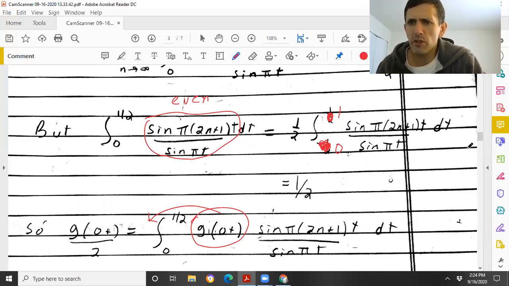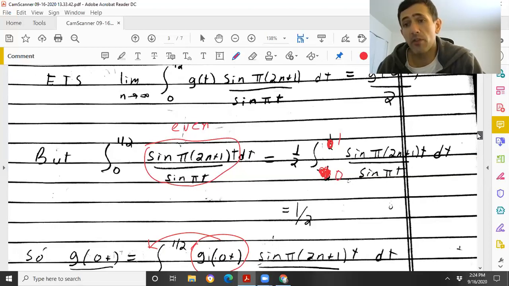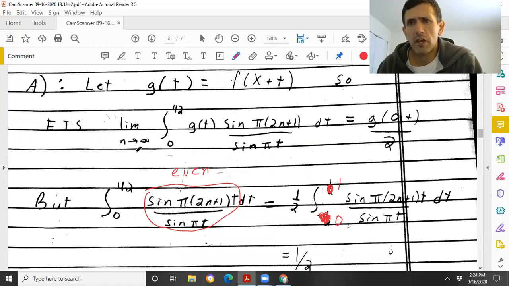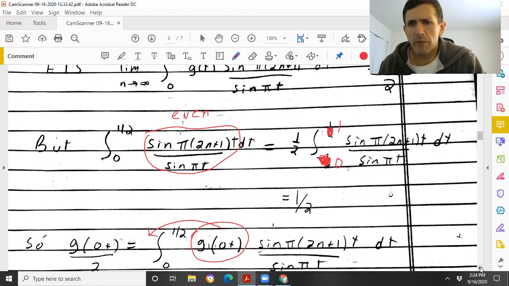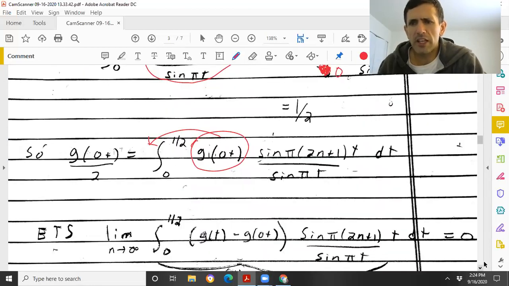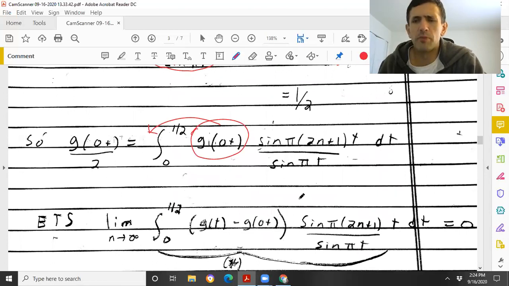Okay, so this is really nice. g of 0 plus over 2 is almost the same integral as this integral right here. Instead of g of t, we have g of 0 plus over t. So what we need to prove using this observation is that this here is going to be 0.